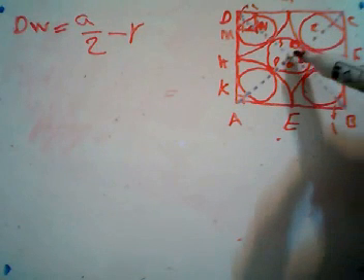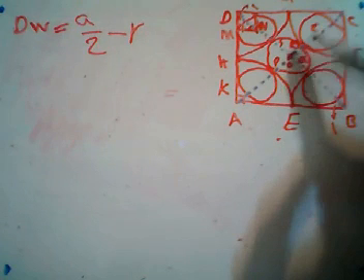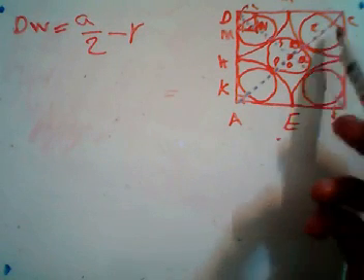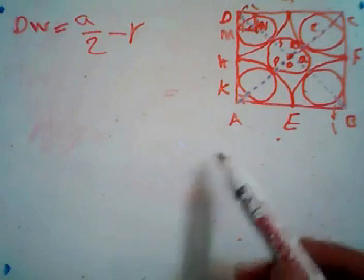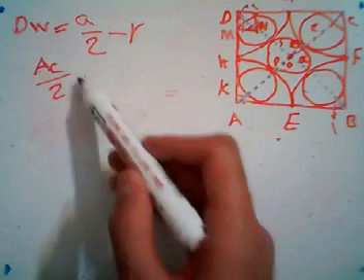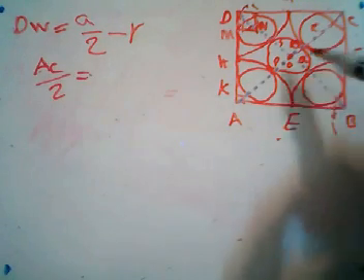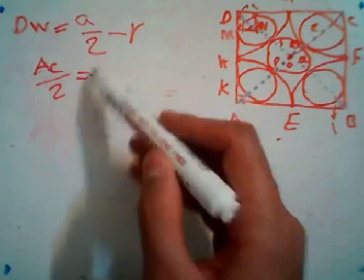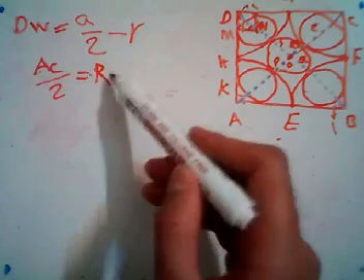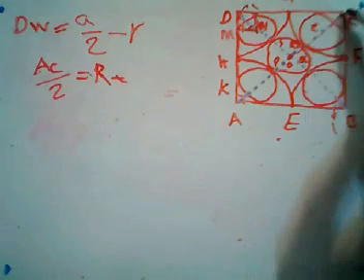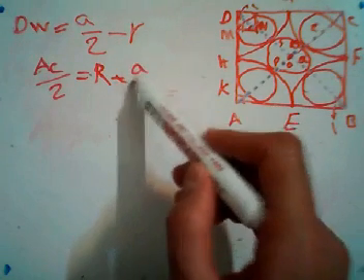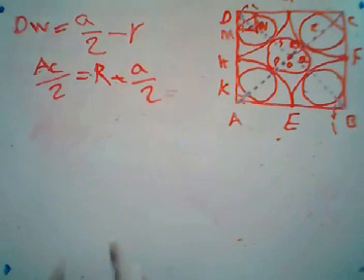So from here to C is half of the diagonal, or AC half, and it is also equal to the radius of the center circle, let's show that by big R, plus from here to C, which is the radius of the quarter, this A half.